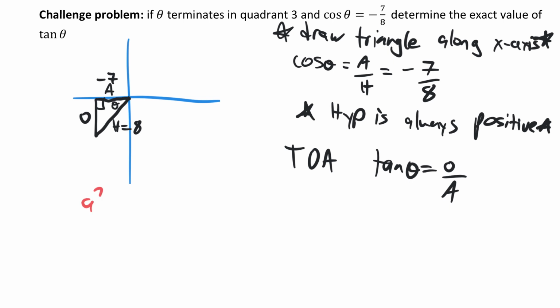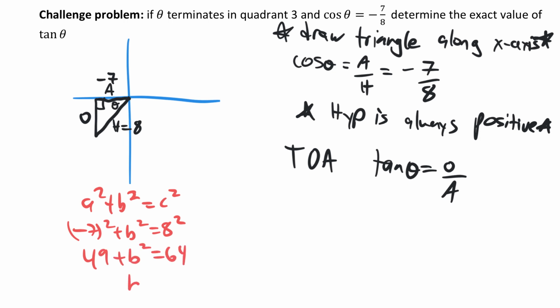A squared plus b squared equals c squared. We can still do that. So we got negative 7 squared plus b squared equals 8 squared. So 49 plus b squared equals 64. B squared is 64 minus 49, that's going to be 15. And so b is equal to root 15.